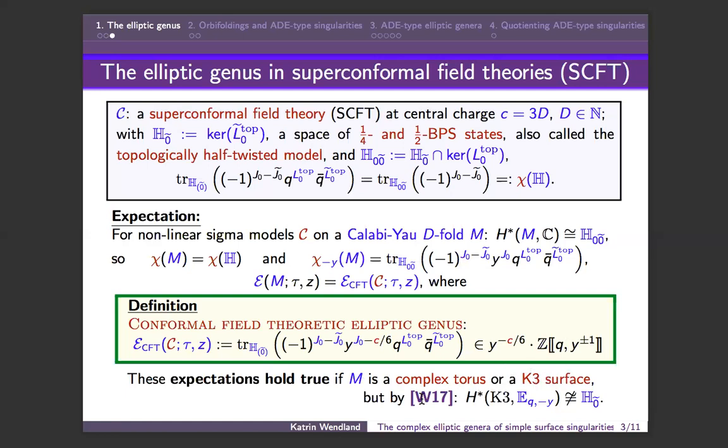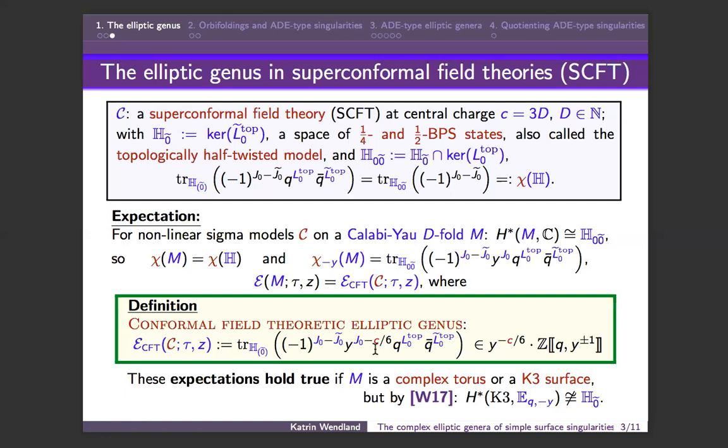Now, just as a word of warning, although it's not the topic of this talk, over here we had this very nice identification of a subspace of the space of states in our quantum field theory on the one hand, with these geometric data, the cohomology, on the other hand.